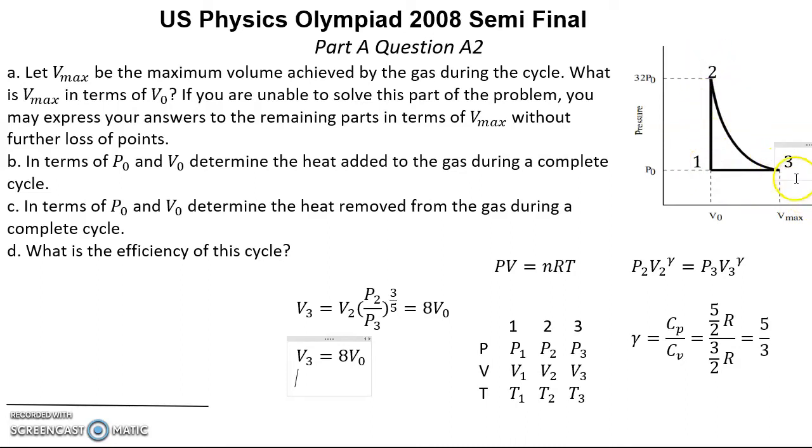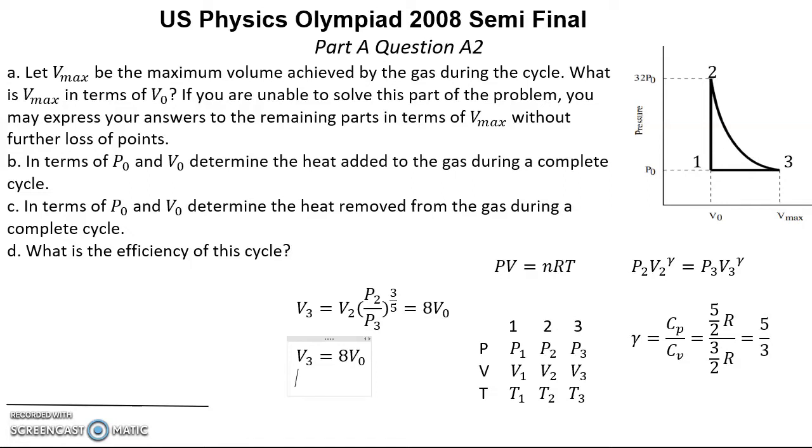On the other hand, from 3 to 1 the temperature goes down at constant pressure. So here we have heat capacity Cp, not Cv.